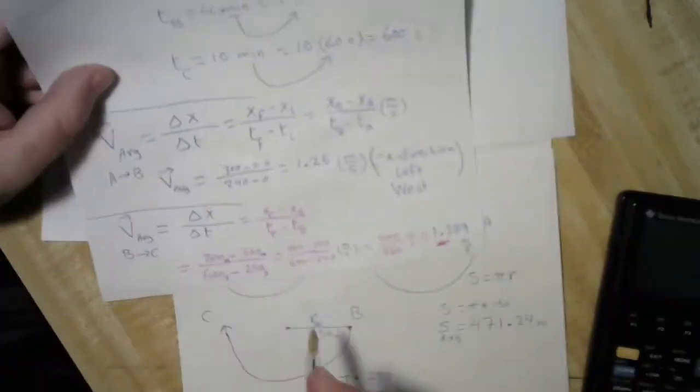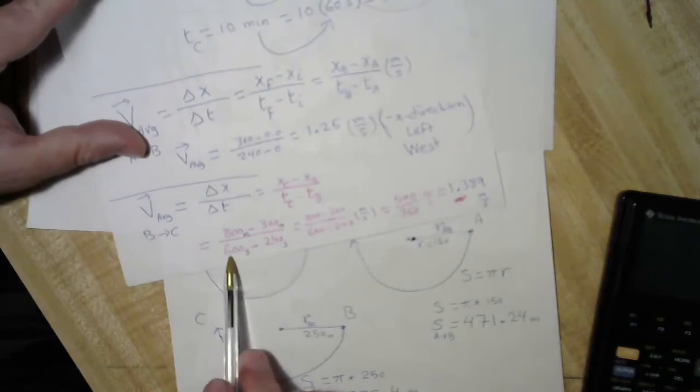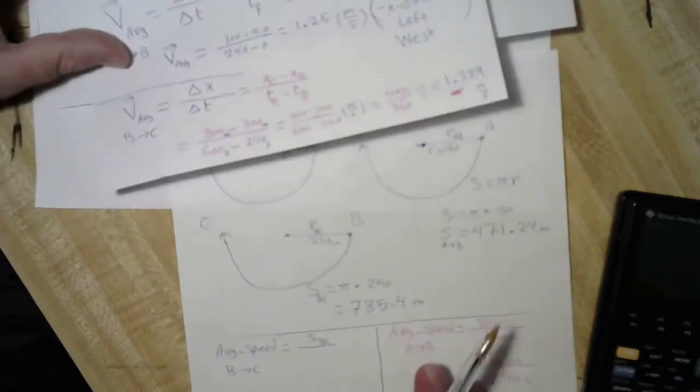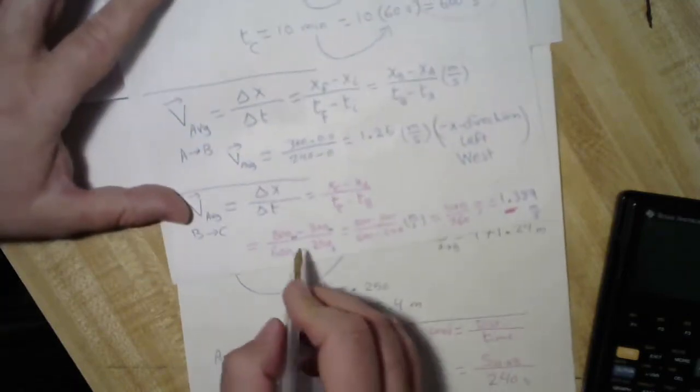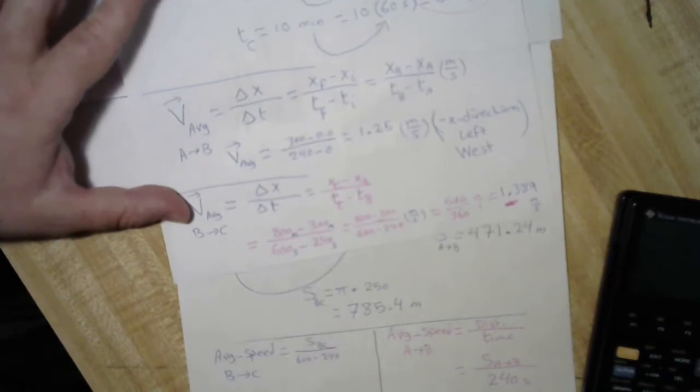In this case, if you remember, we take 600 minus 240 seconds. So the time here is 600 minus 240, in seconds.